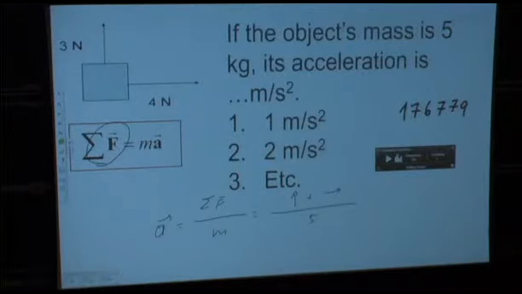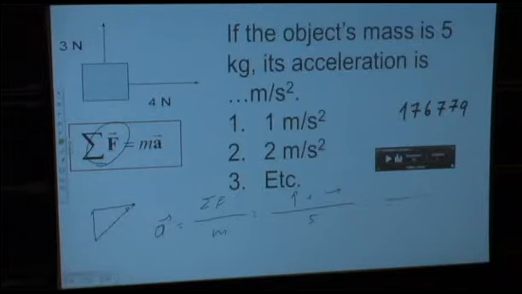Now, of course, we have to step away for the moment and recall how to add vectors. There's a tail to head rule, which we must apply, again, literally.